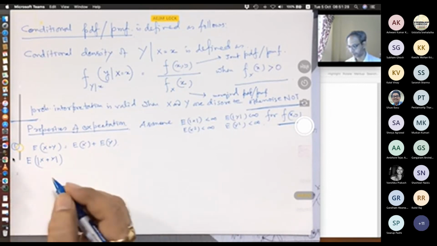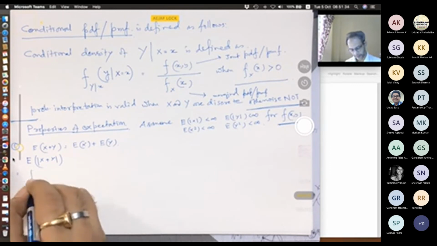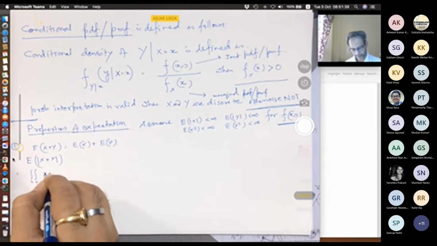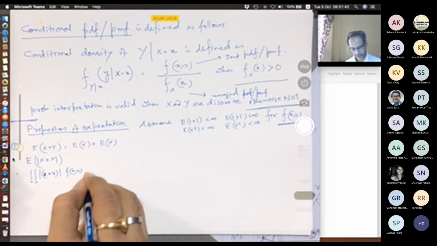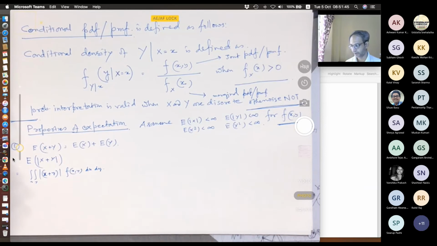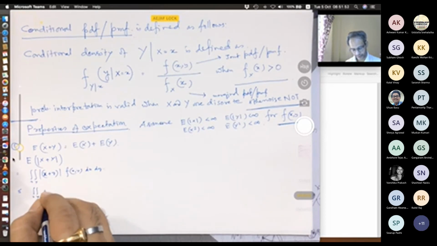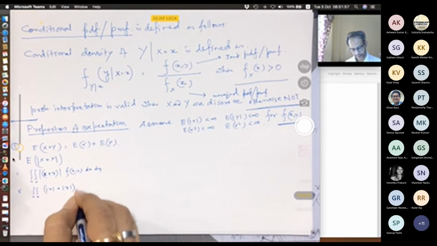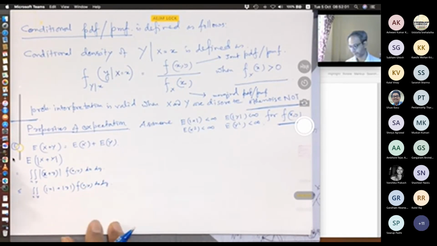You can consider this quantity as, going by the continuous notation, the double integral over x and y of mod x plus y times f(x,y) dx dy, and then by the triangle inequality, this is at most the double integral of (mod x plus mod y) times f(x,y) dx dy.